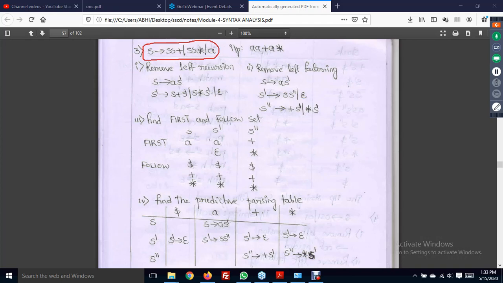It is not eligible for now because it has S and S terms as left recursion and left factoring. Why? Because on the right hand side I have the same symbol which is repeating. So remove the left recursion. Once I remove it, S → aS' and S' → S+S' | S*S' | epsilon is what I am left with.